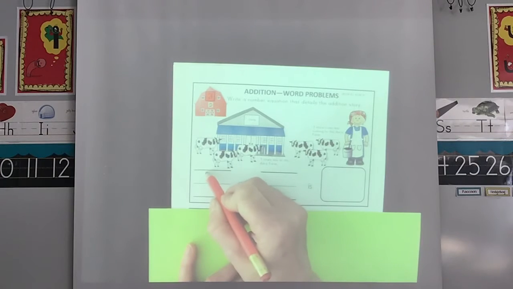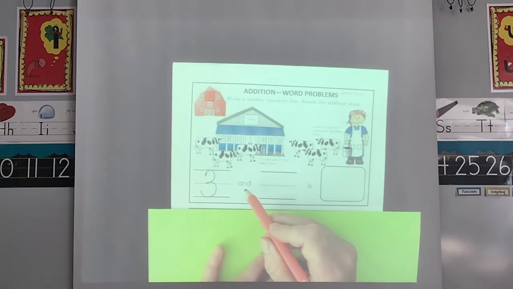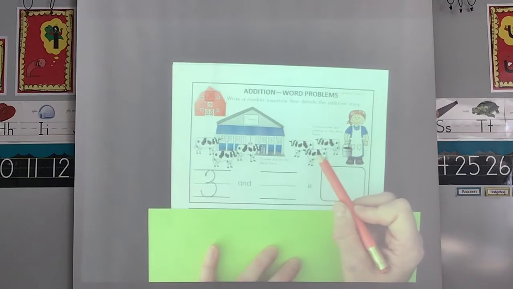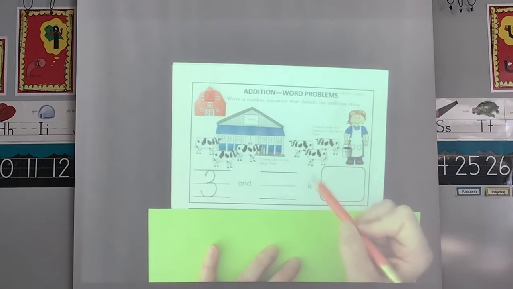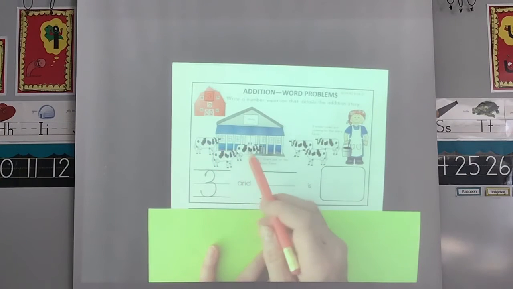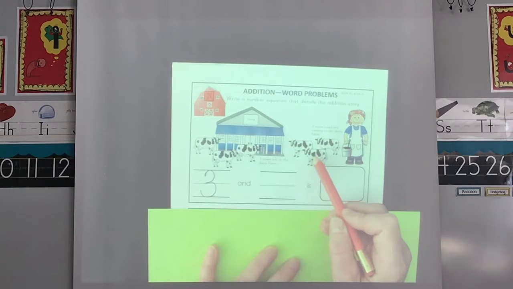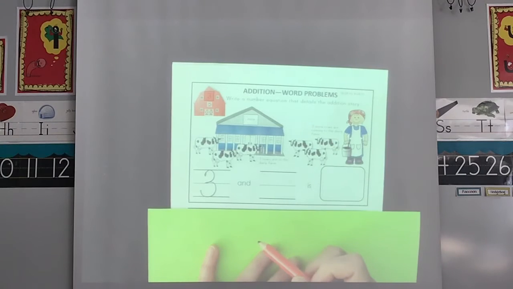Let's write 3. And 3 more cows are coming to the dairy farm. 1, 2, 3.